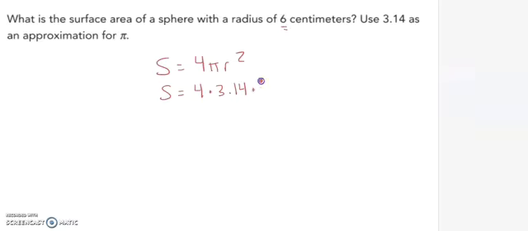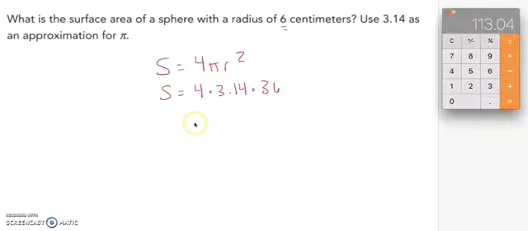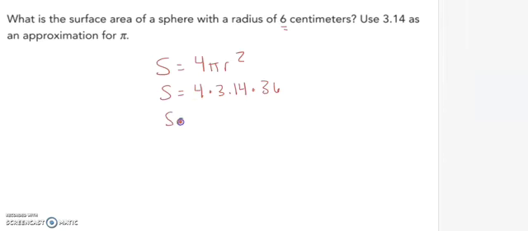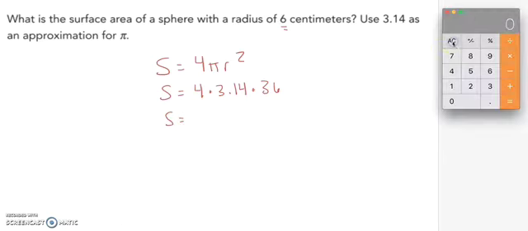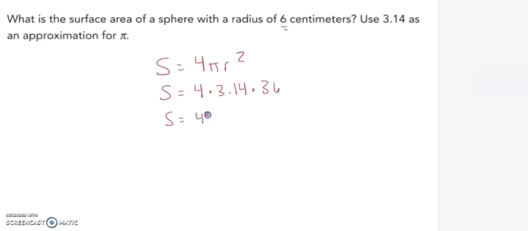So 6 squared is 36. So the surface area is equal to 4 times 3.14 times 36. So 3.14 times 4 is equal to 12.56 times 36 is going to be equal to 452.16. So 452.16 centimeters squared.